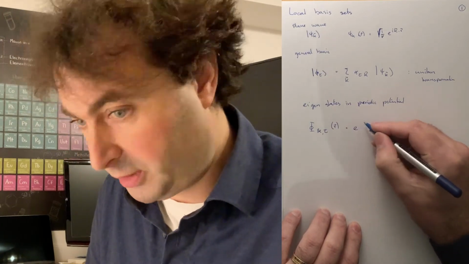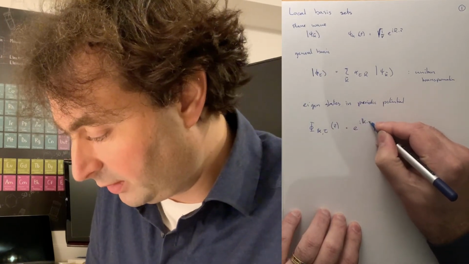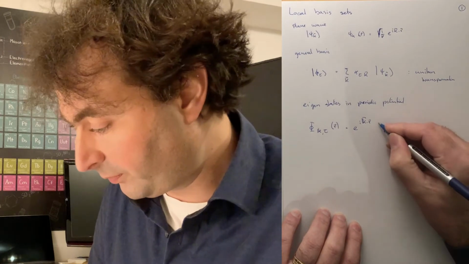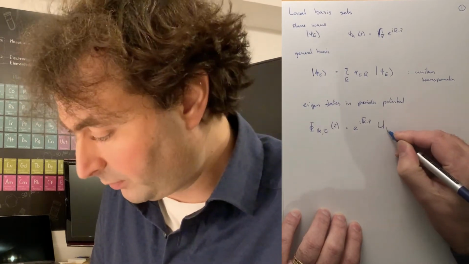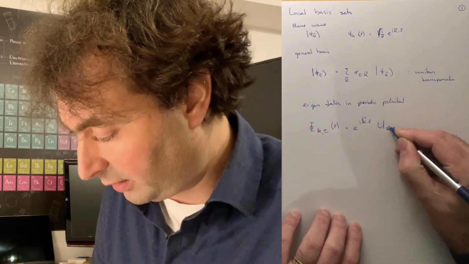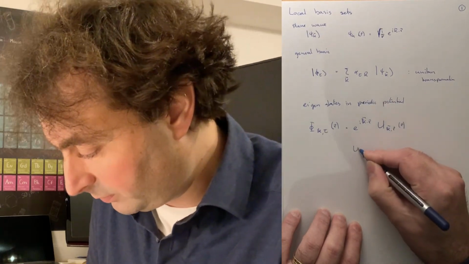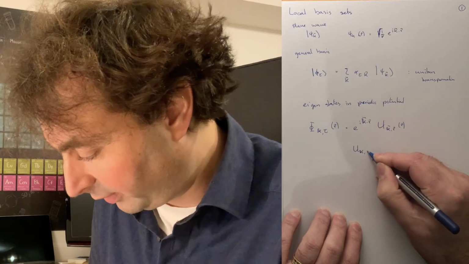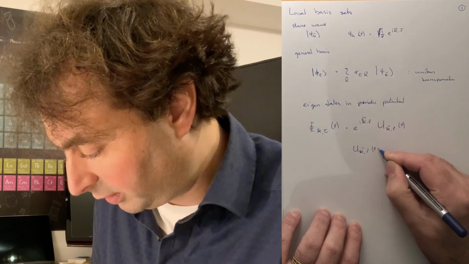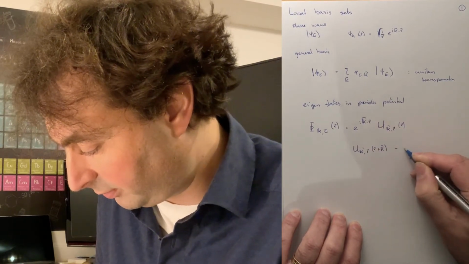Well, Bloch tells me that this is e^(ik·r) times some periodic wave function u_{k,tau}(r), such that U_{k,tau}(r+R) is equal to U_{k,tau}(r).